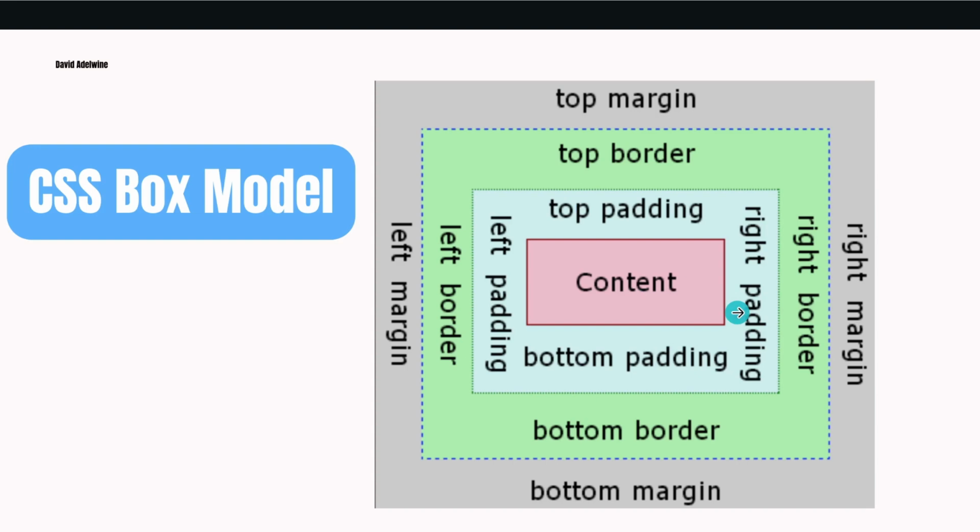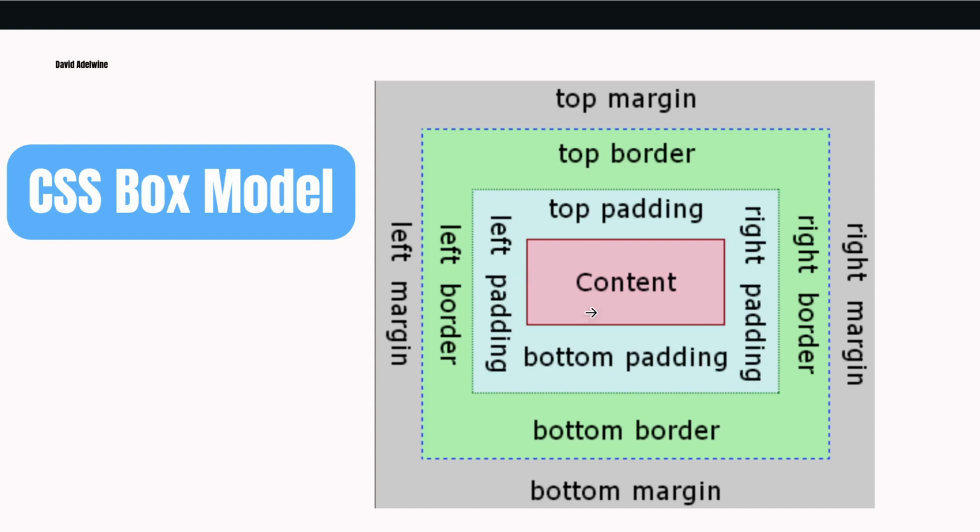Let's look at the second to last, which is the border. This line is a boundary that surrounds the padding. It's not just the padding, it surrounds both the padding and the content.